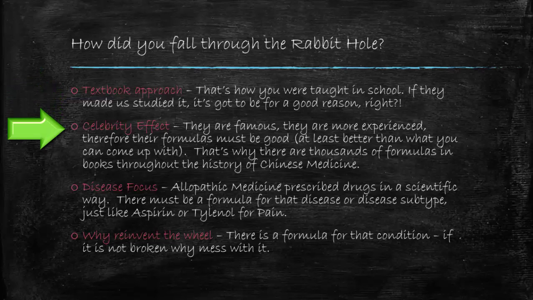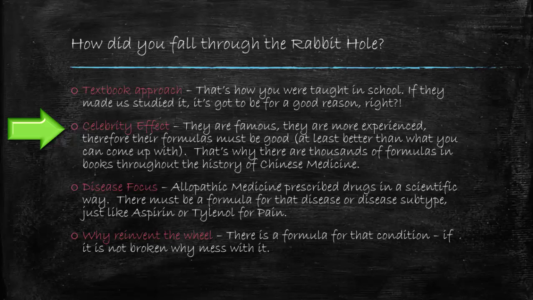The second category is really the celebrity effect. I think it is common for us, especially when we're studying or just recently graduated and don't have a lot of experience, to fall into this kind of path where, wow, there are a lot of other more experienced practitioners or clinicians that were very successful, right?